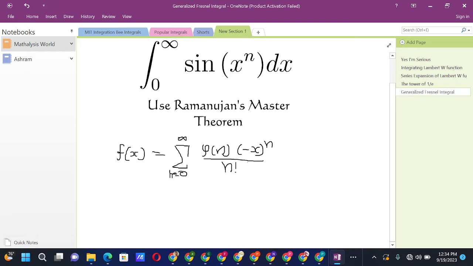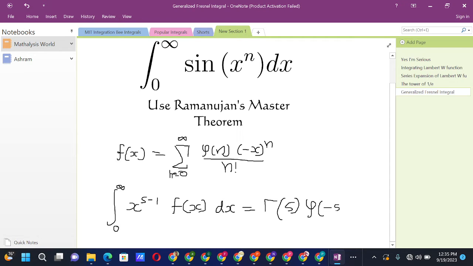So if you have f of x in this form, then the integral from 0 to infinity of x to the power s minus 1 times f of x dx is actually gamma of s multiplied by phi of minus s. So this is the statement of Ramanujan's master theorem.